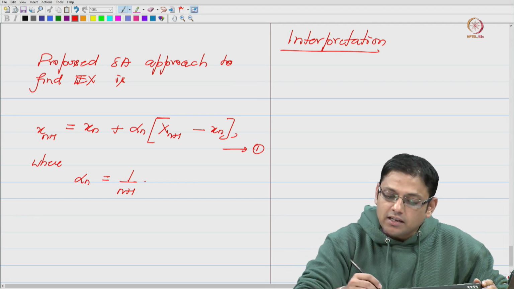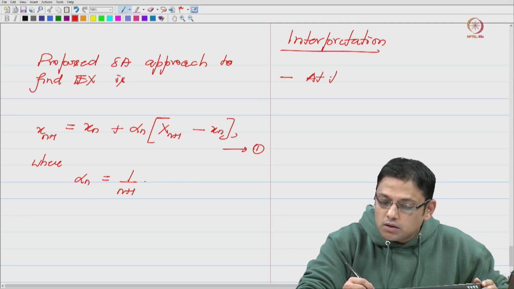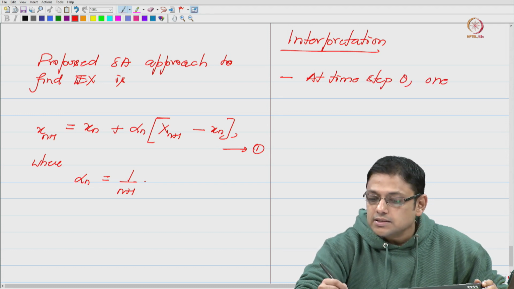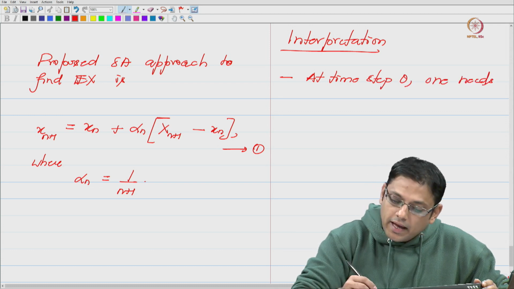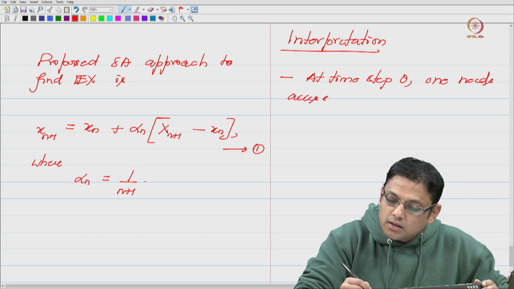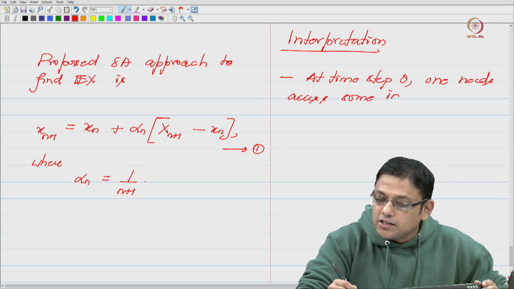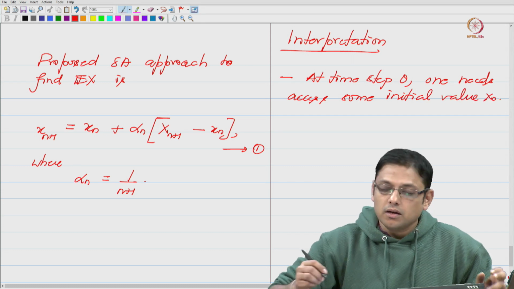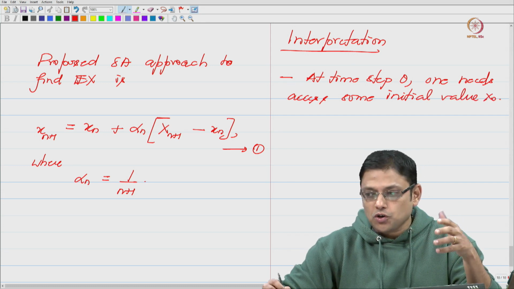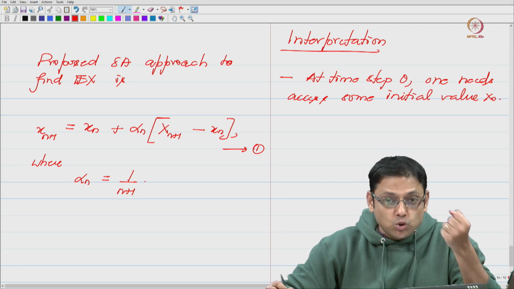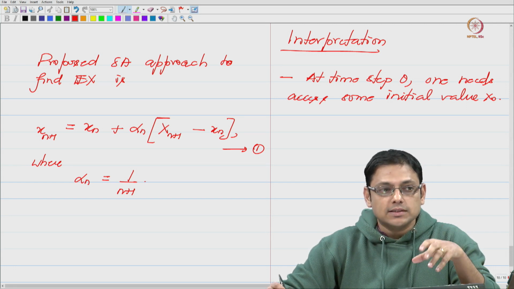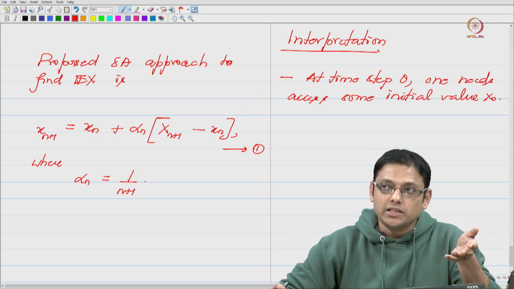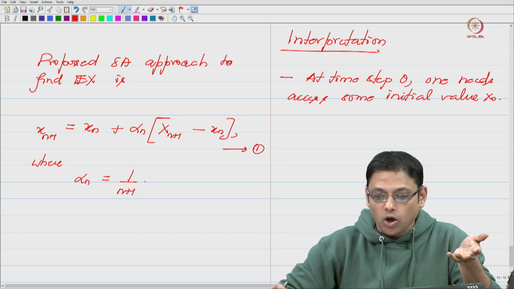First notice that at time step 0, one needs access to some initial value x0. The theory of stochastic approximation often doesn't tell you how to get hold of this initial value. This initial value often is obtained through some trial and error simulations or some domain knowledge and so on.